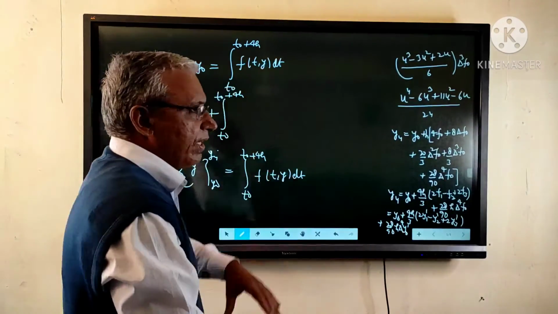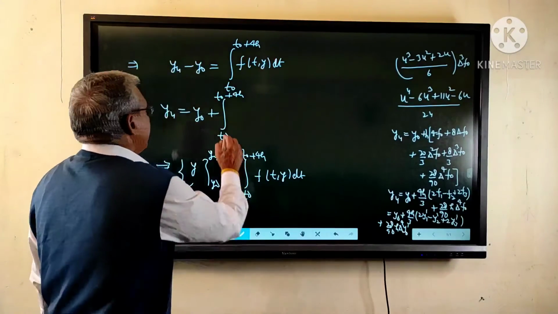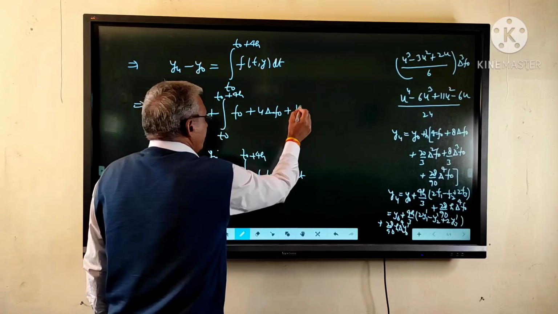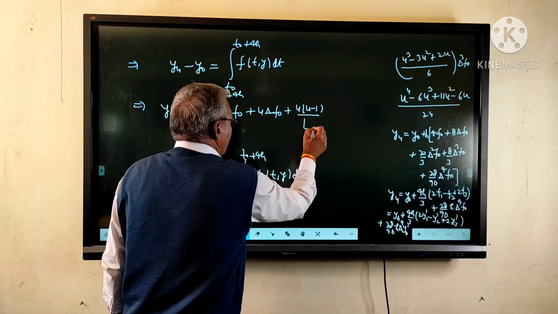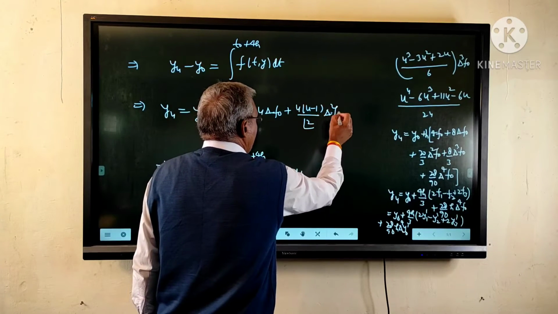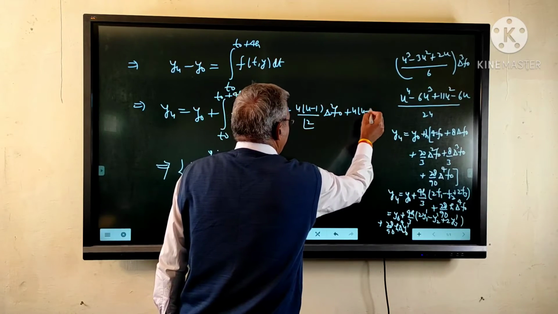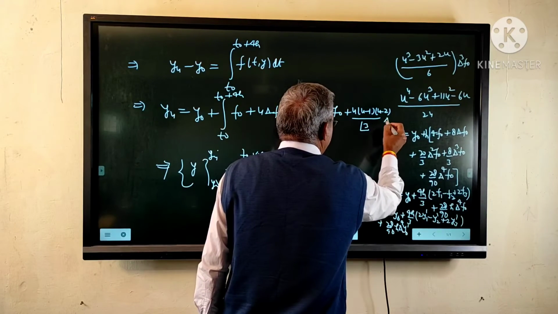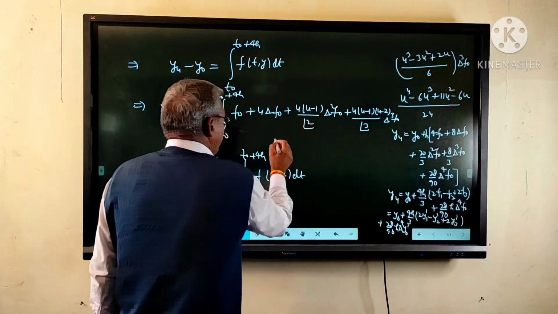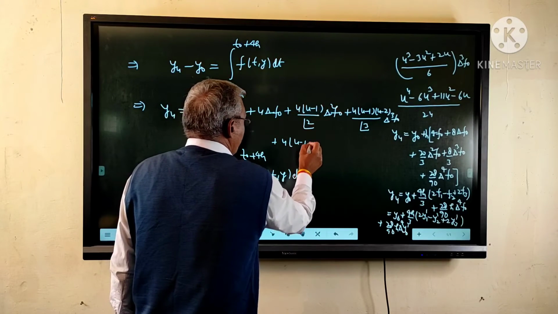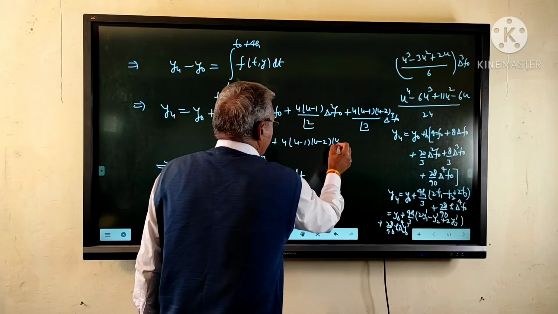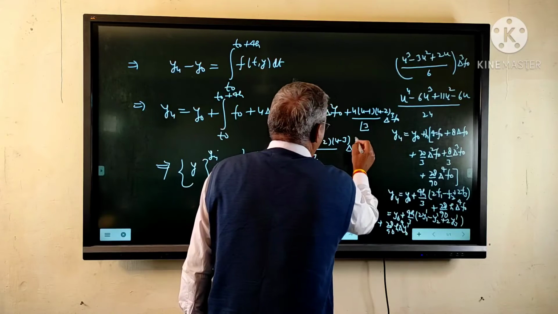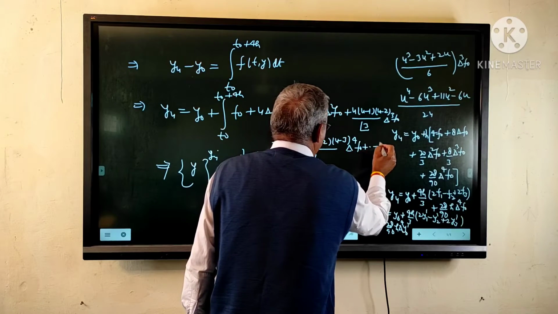So Newton's forward difference formula is given by f0 plus u del f0 plus u into u minus 1 upon factorial 2 del 2 f0 plus u into u minus 1, u minus 2 upon factorial 3 del 3 f0 plus u into u minus 1, u minus 2, u minus 3 upon factorial 4 del 4 f0 plus and so on.